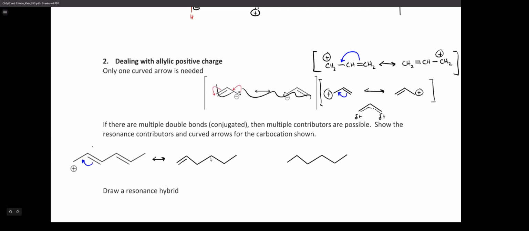Nope. And what else do I need to put in that's missing? The positive side. Yeah. And if we want to draw in the hydrogen, there's a hydrogen here, right? So this carbon had 4 bonds. Now it has only 3. So it's a positive.